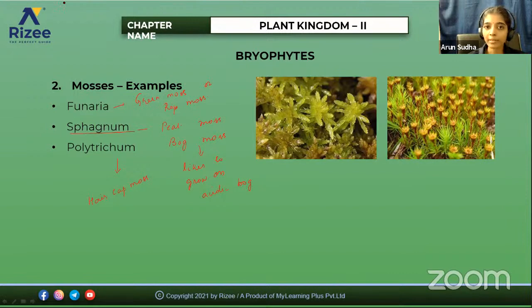So under Bryophytes, what are the things that we saw now? First, how they differ from algae. The main difference is that slowly from aquatic, they are evolving to land plants.